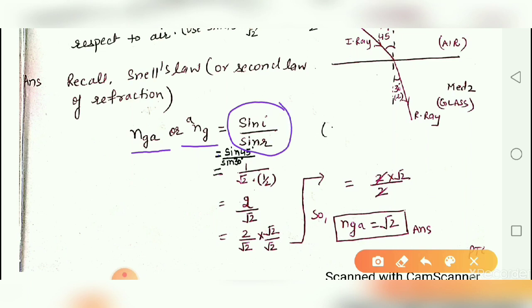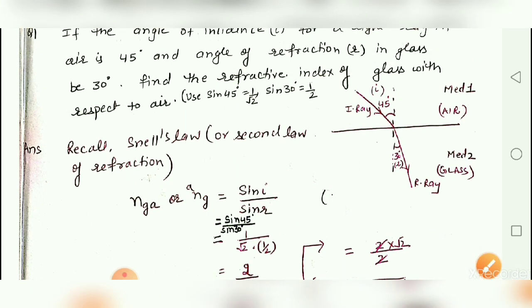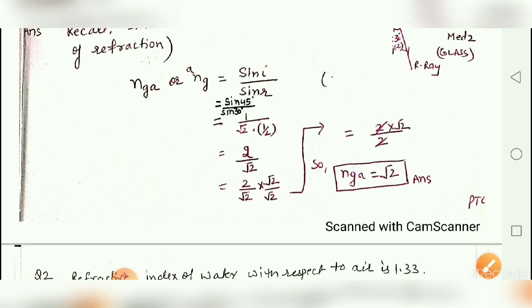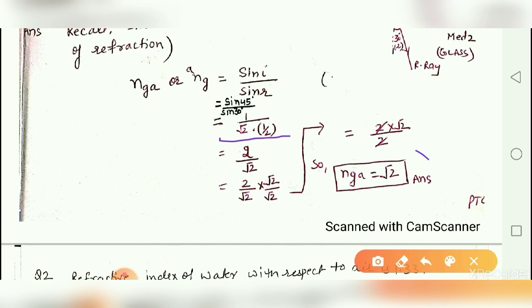So i is 45, so sin 45 upon sin 30. We have the values of sin 45 as well as sin 30, which are given in the question. Here the values are given, so we will put these values here. After putting the values, we will get n_ga as root 2. This is the refractive index of glass with respect to air. This is our answer.